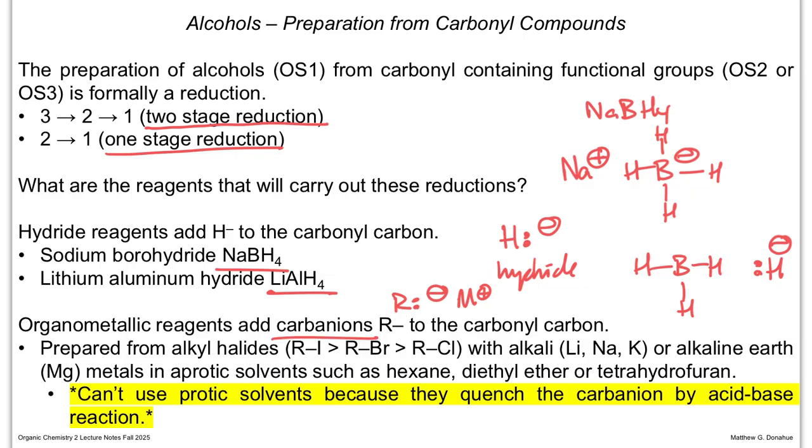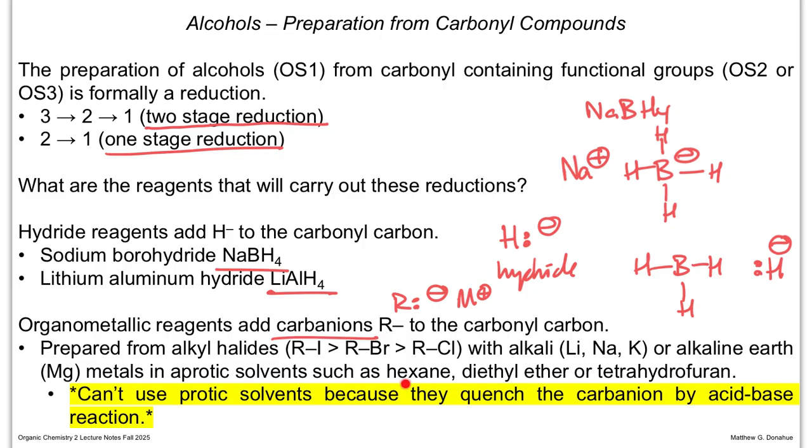Every reaction that we run is carried out in a solvent, so a liquid that dissolves everything. We need to make sure that the hydride or the organometallic reagent does not react with the solvent. So your solvents typically have to be aprotic, so there's not acidic hydrogens floating around that will quench your reducing agent.